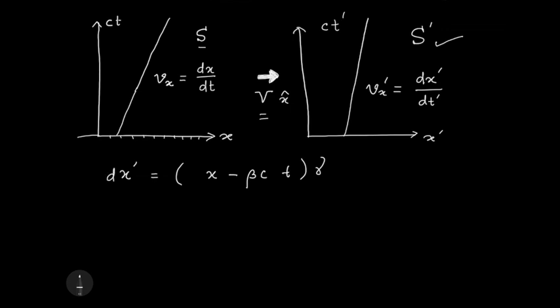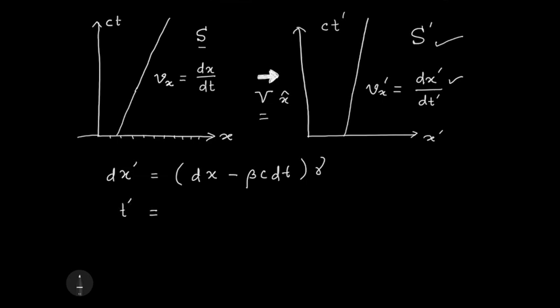So what will be dx prime? Dx prime will be dx minus beta and c. C is obviously a big constant. Beta is also constant because beta is the relative velocity between the two reference frames divided by c, and relative velocity has to be a constant velocity. So the d will only count for the time, and gamma is also constant if beta is constant.